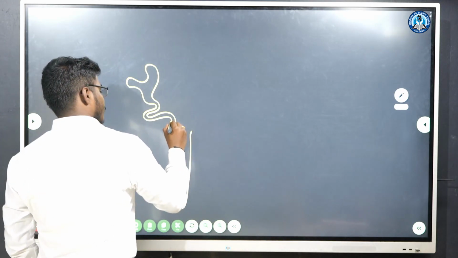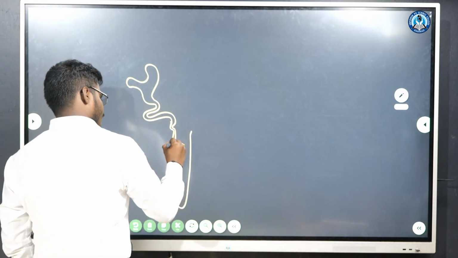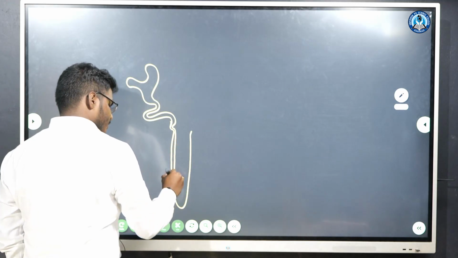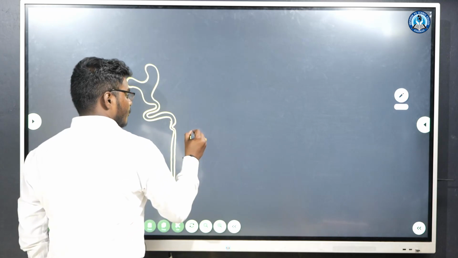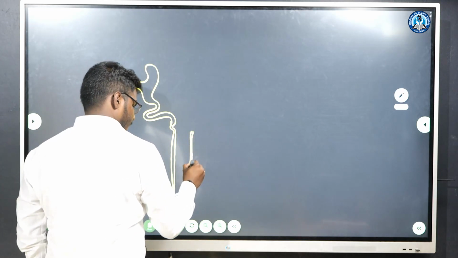So I am drawing the nephron, the structure of the nephron, to explain how urine is formed.